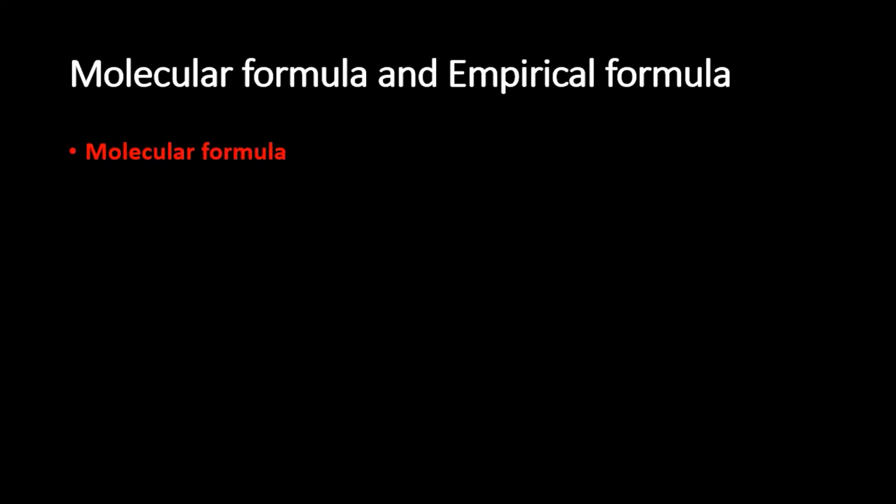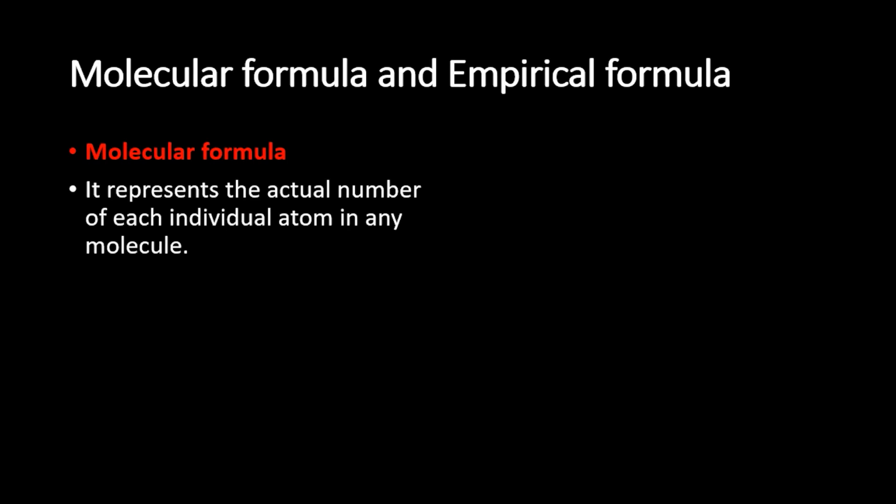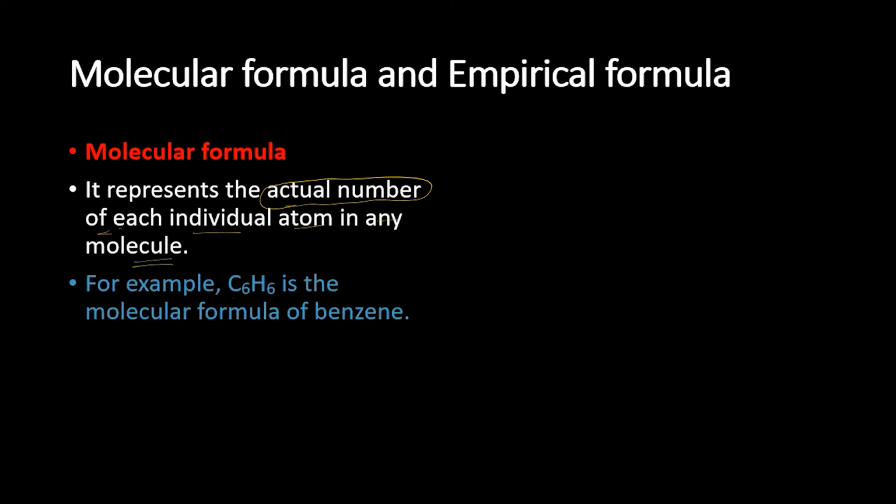Now let's see the definitions. Molecular formula represents the actual number of each individual atom in the molecule. For example, C6H6, which I have shown you earlier, is the molecular formula of benzene.